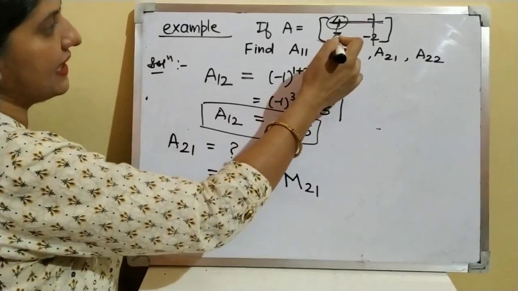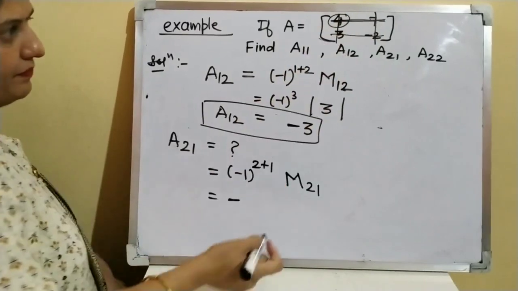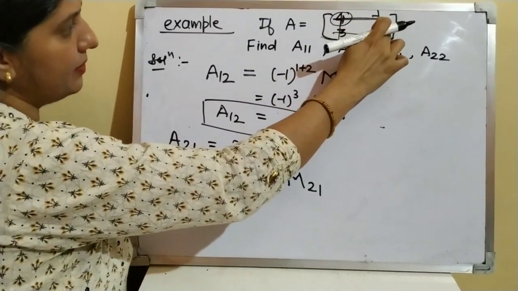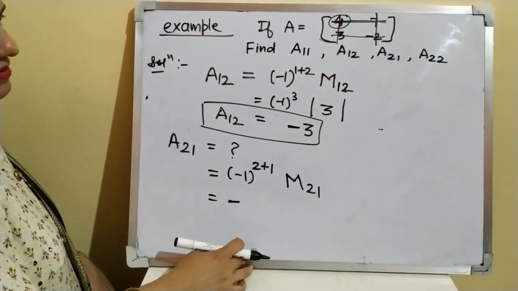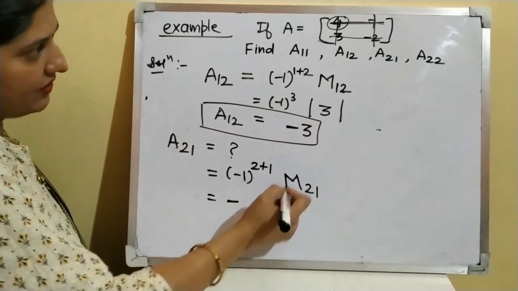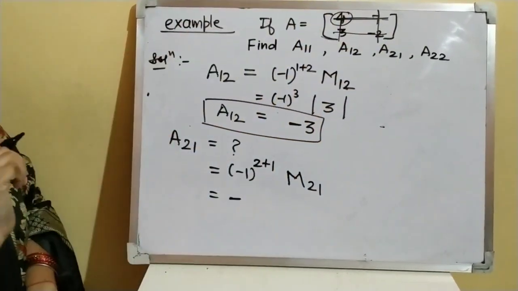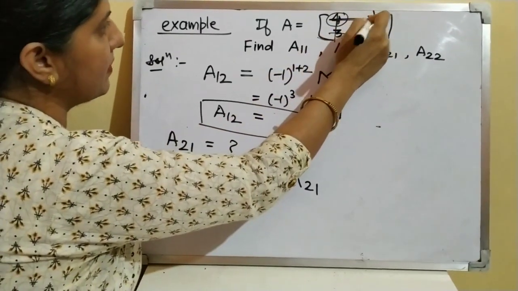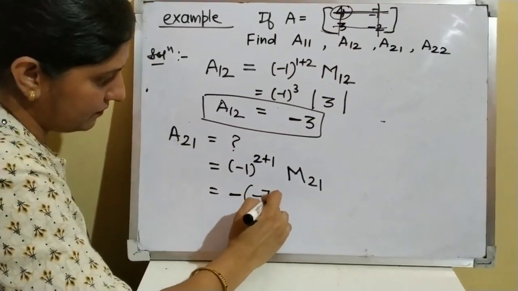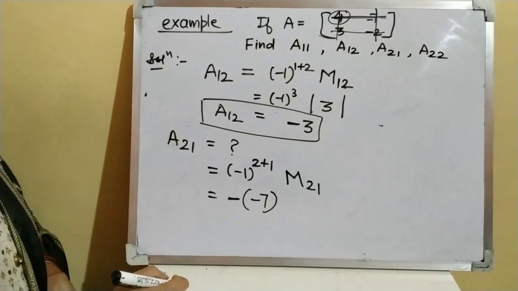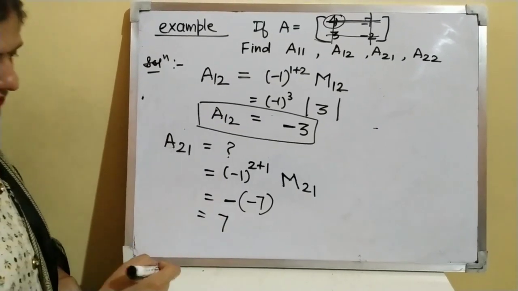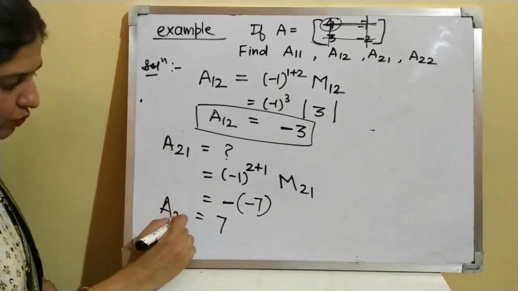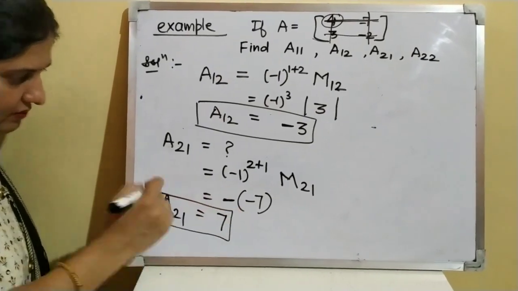M21: delete second row, first column and write the remaining element as it is. The element is 7 here. It is minus. Now we get 7. So A21 is 7.